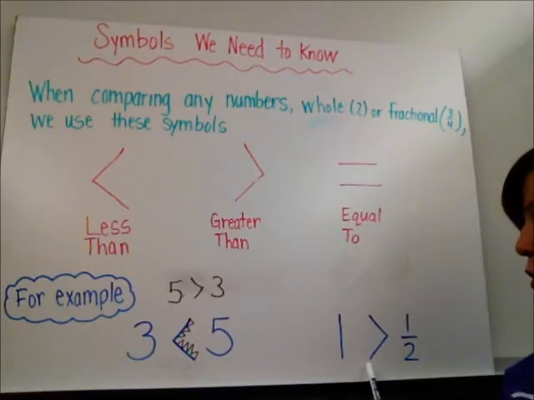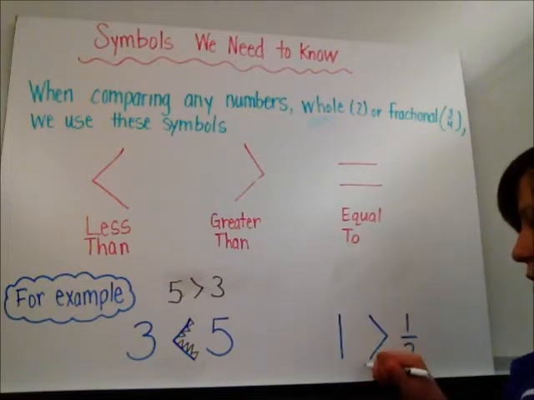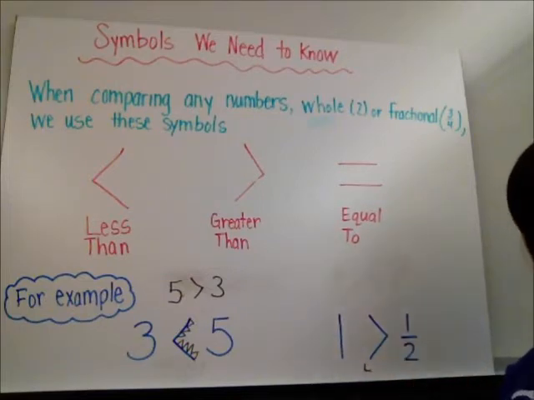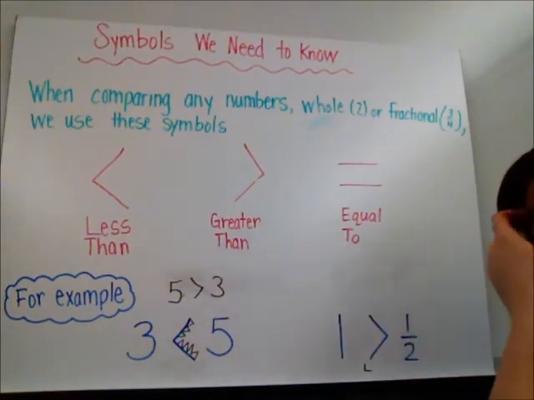So we know, of course, that 1 whole is greater than a half. So it's eating that bigger number, it's facing the bigger number, and the way we would read this, it's not a crooked L, so 1 is greater than 1/2.